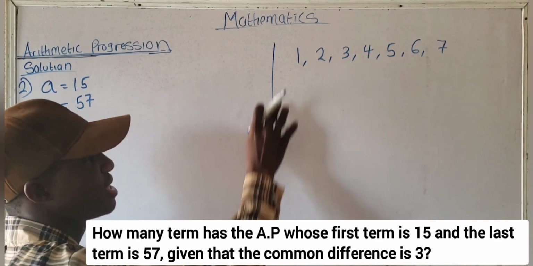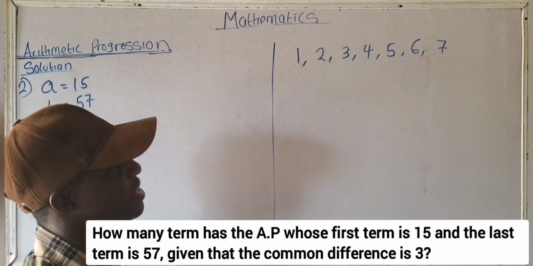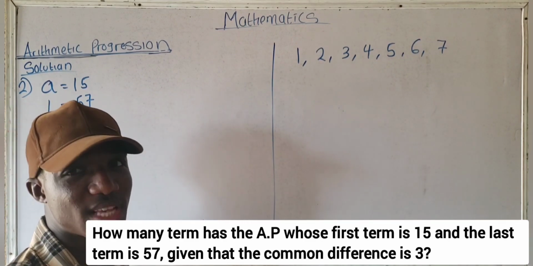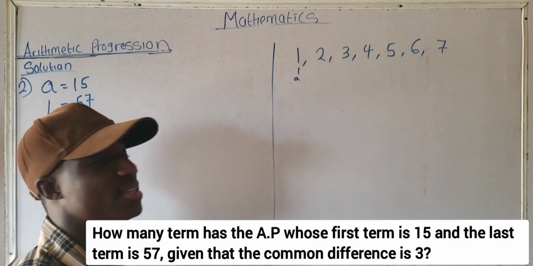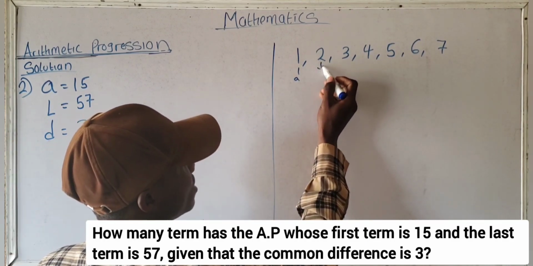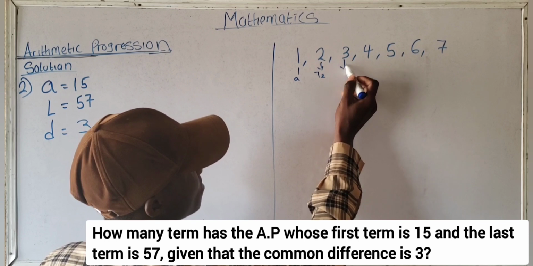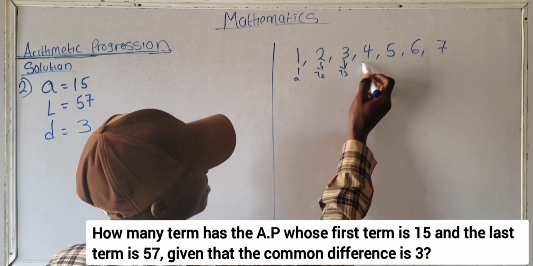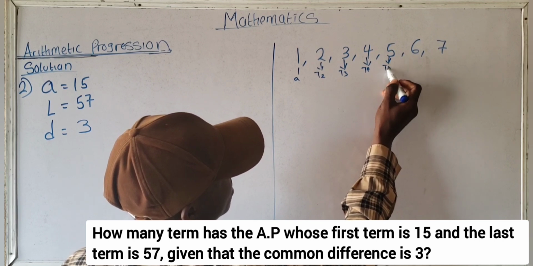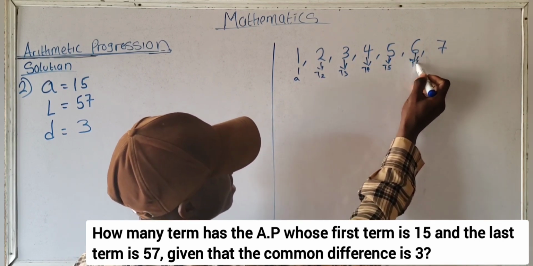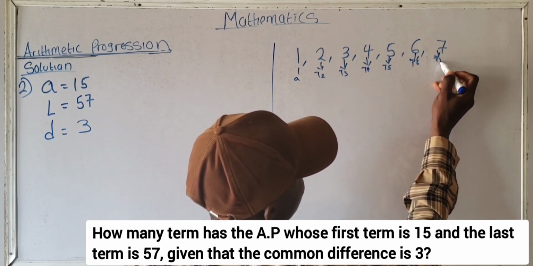Now, in this sequence, the first term is 1, which is A. The second term is 2, which is T2. The third term is 3, that is T3. The fourth term is T4. The fifth term is 5, which is T5. The sixth term is T6. The seventh term is T7.